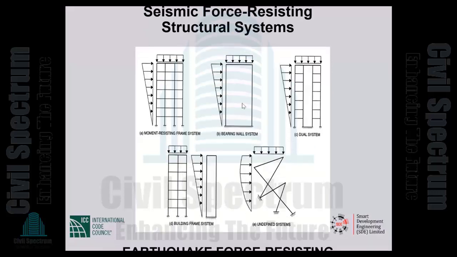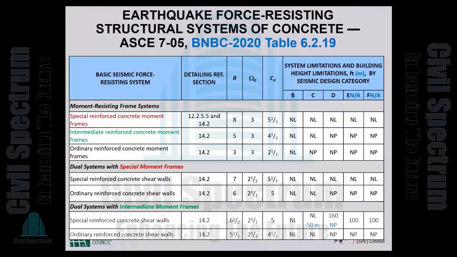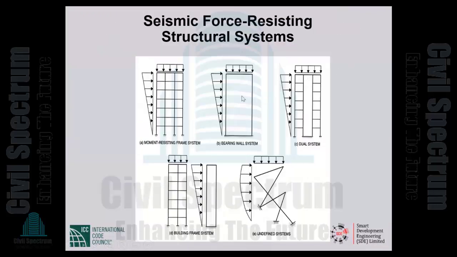Then what used to be called in the old days the box system, for a long time now we have called it a bearing wall system, where shear walls carry gravity loads and the same bearing walls acting as shear walls carry lateral loads.